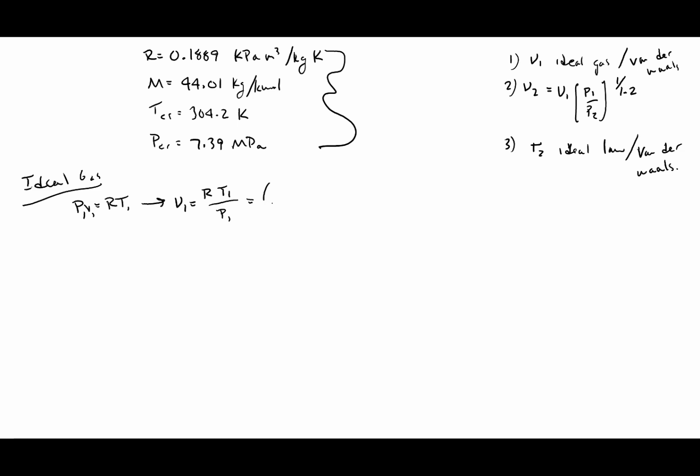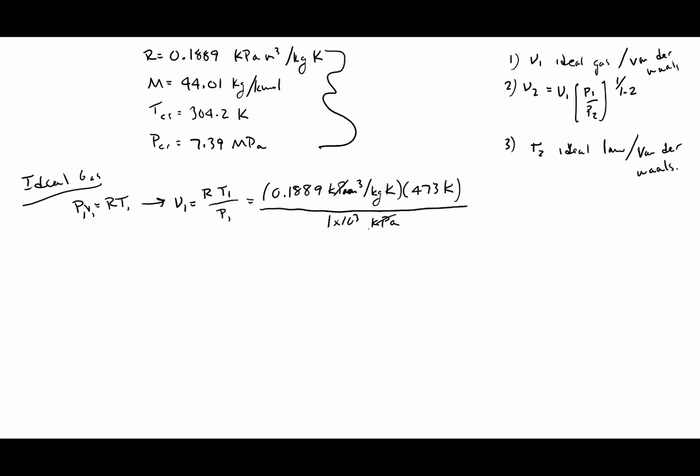So this is equal to 0.1889 kilopascal meter cubed per kilogram Kelvin, multiplied by 473 Kelvin, divided by P1, which is 1 times 10 to the third kilopascal. It was given in megapascal, but we want to convert it to kilopascal because we have kilopascal in our gas constant. So the kilopascals are going to cancel.